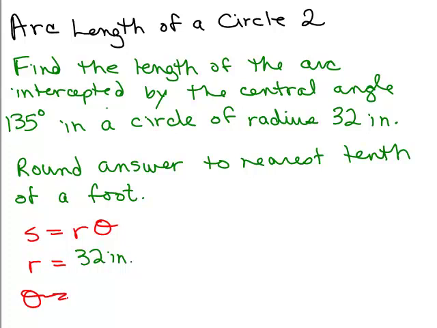is the angle. Now we got to be careful here. The angle must be given in radians, but I gave it to you as 135 degrees. We cannot put that in the formula when it's in degrees.